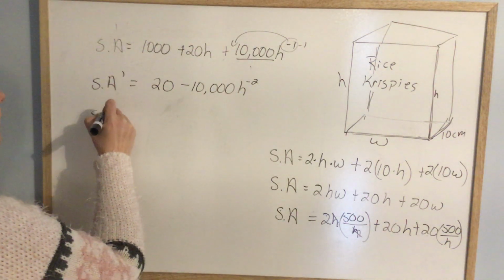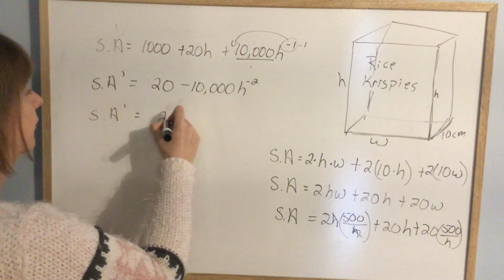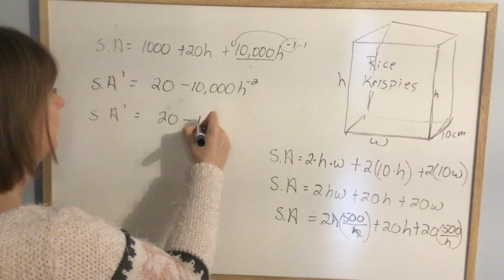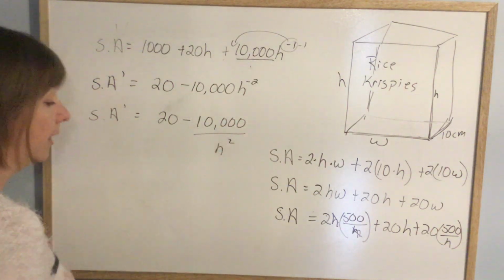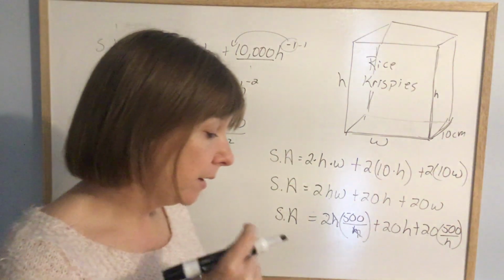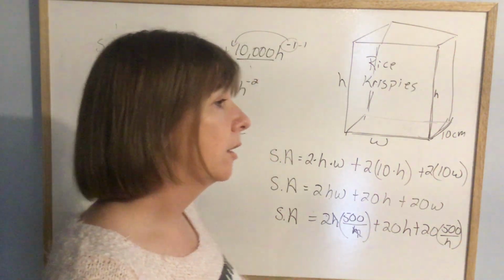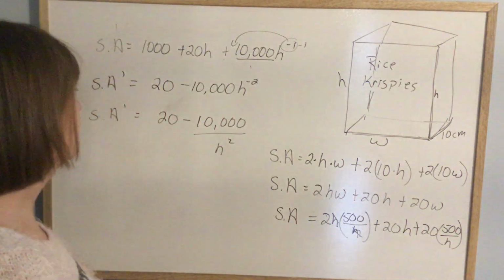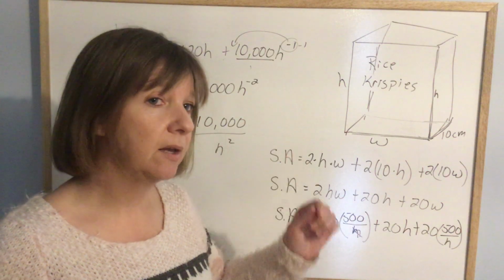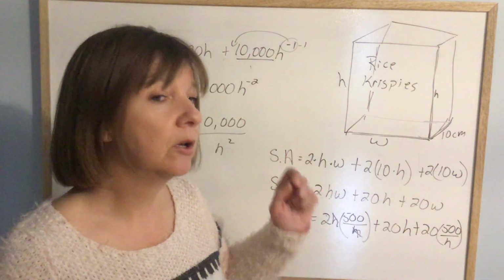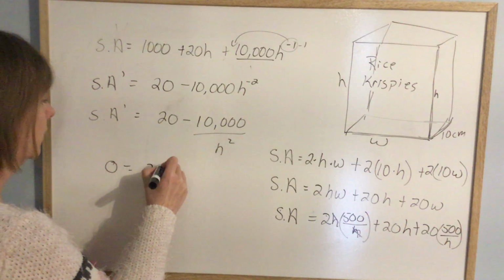So the derivative of the surface area is 20 minus 10,000 over h squared. Now what was the rule? What was the rule when I was trying to find a local maximum and local minimum? I found the derivative, and then what did I do with it? Make it equal to 0. So I'm going to make it equal to 0.